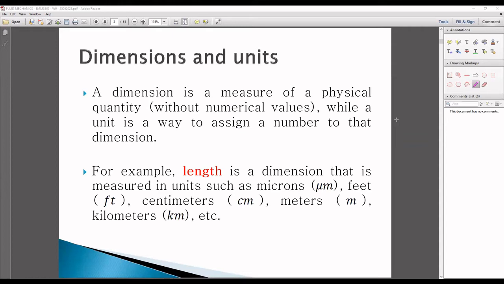Again, dimension is a measure of physical quantity, while unit is a way to assign a number to that dimension. For example, length. Length is a dimension that is measured in units such as micron, feet, centimeter, meters, and kilometers, etc.